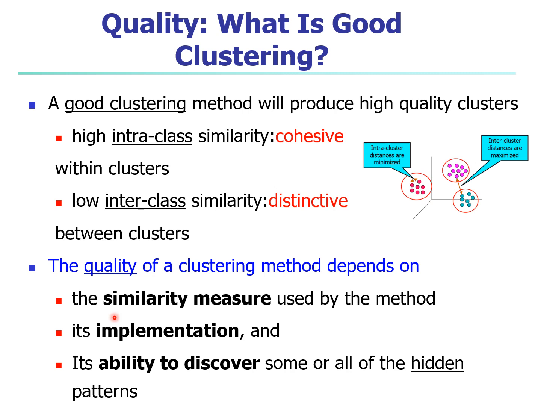It also depends on how the clustering method is implemented, and its ability to discover some of the hidden patterns. So the clustering method should be able to uncover objects that are similar but not clearly similar. If it's able to identify that, then it is a good clustering method.